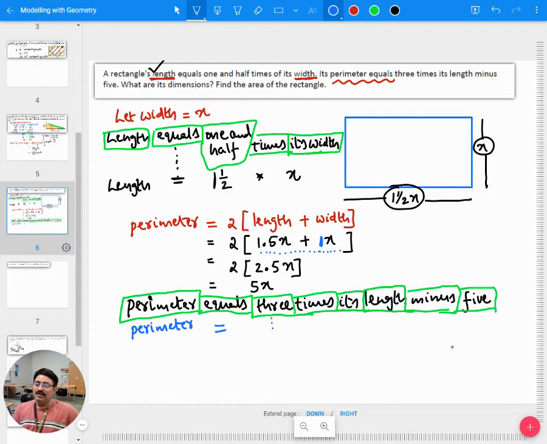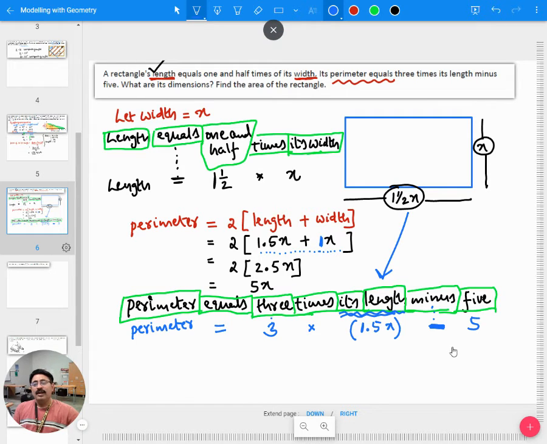Next, 3 times its length. Do you know what the length is? It is 1.5x, right? 1.5x minus, let me take the subtraction symbol, minus 5.